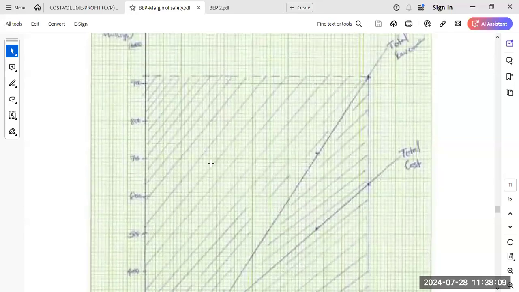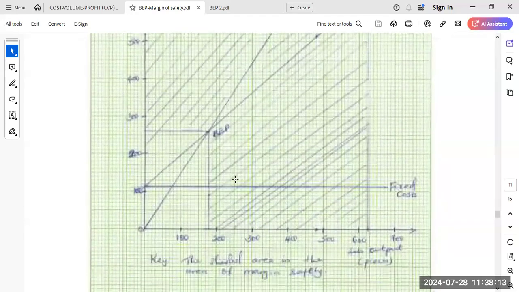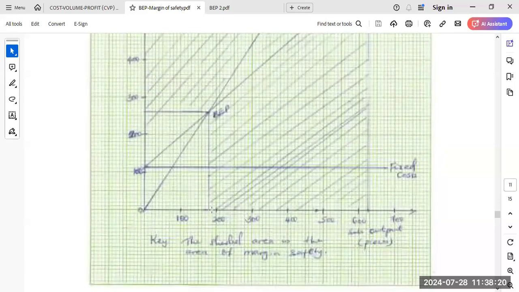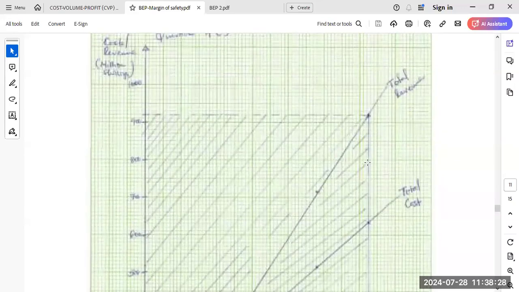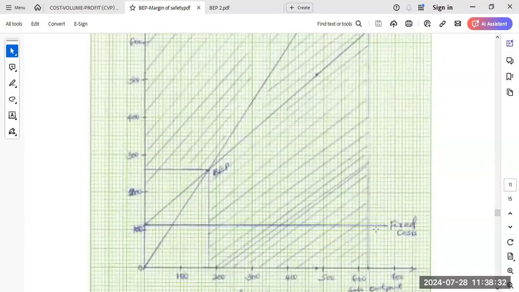Then they are telling us that on our graph, we indicate margin of safety. Margin of safety is from here, where your total revenue meets total cost. It is from here up to the level of output you budgeted.